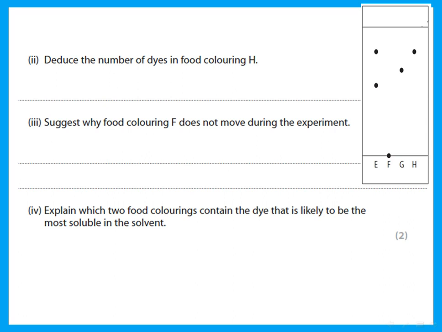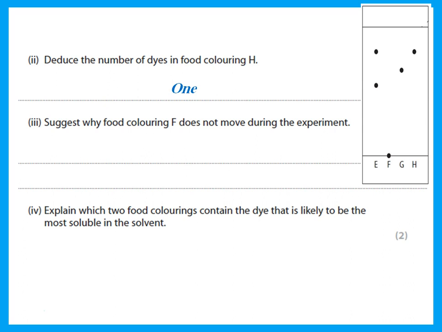Now F remained on the baseline, G went up to form only 1 spot, and that means that G is what we call pure. It has only 1 component. H also gave only 1 spot, so it has only 1 component. So he says deduce the number of dyes in H. Well, it gave only 1 spot, and that means it has only 1 dye.